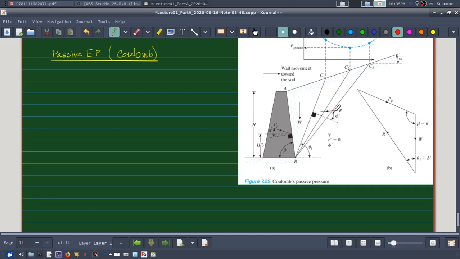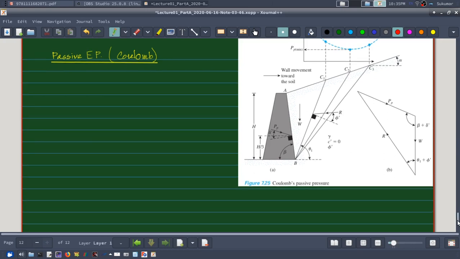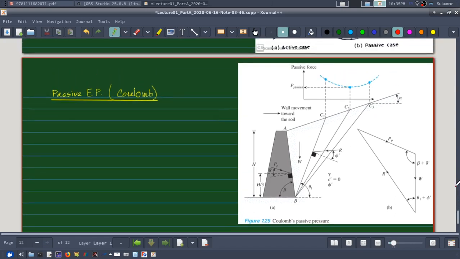Okay, so remembering that, we can find the Coulomb passive earth pressure in a similar manner, and in this case we find the minimum force which causes the failure. Corresponding to one of the wedges, I will get the minimum force, and that will be my passive earth pressure.